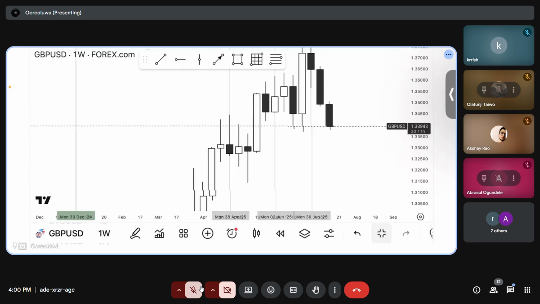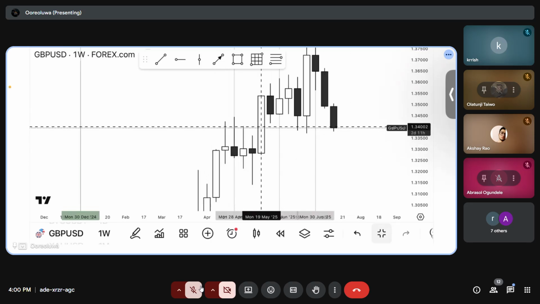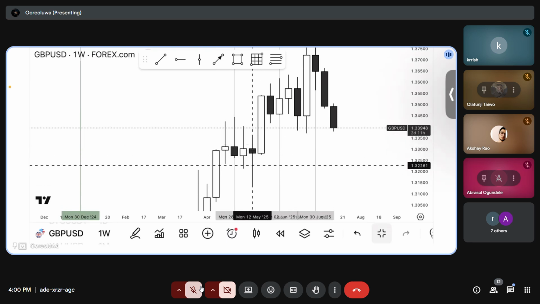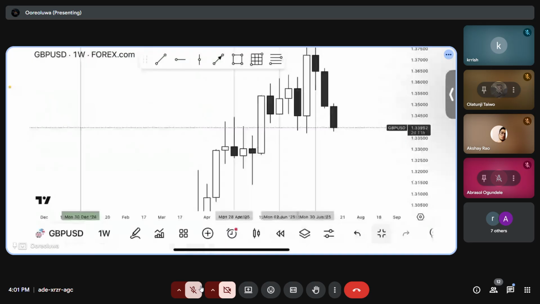The only key level we are seeing from this candle here is this fair value gap and this other block. So let me do, okay, this is the other block, and marking this also as the fair value gap.